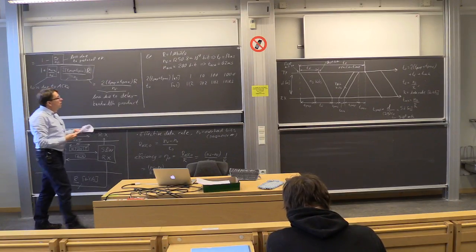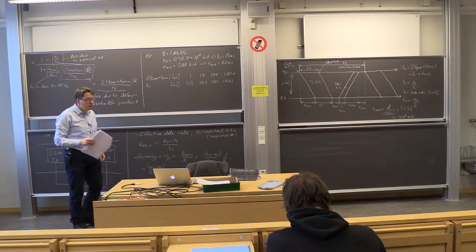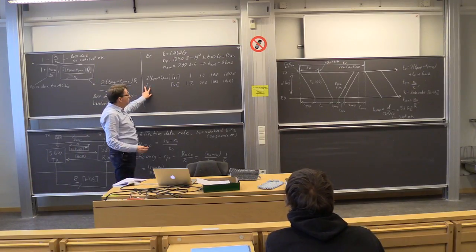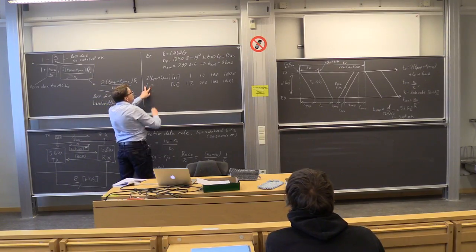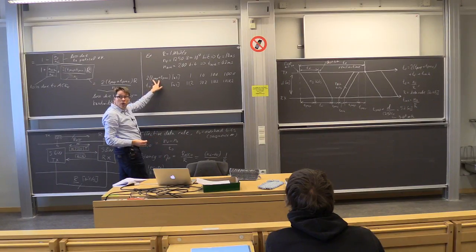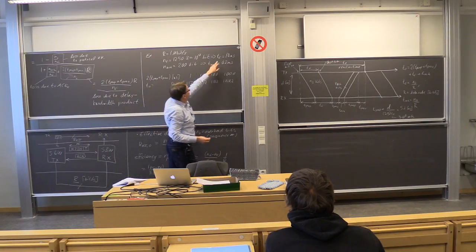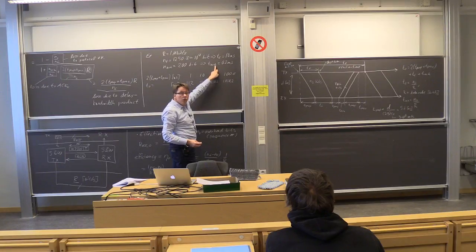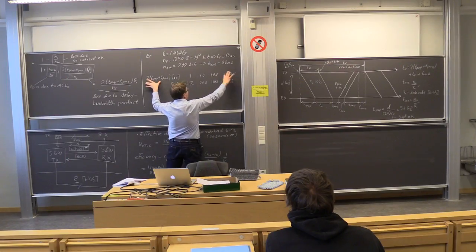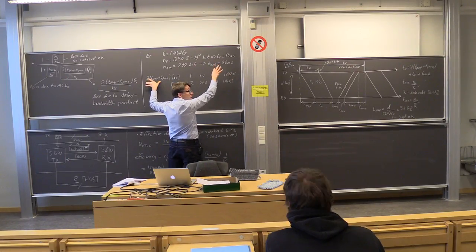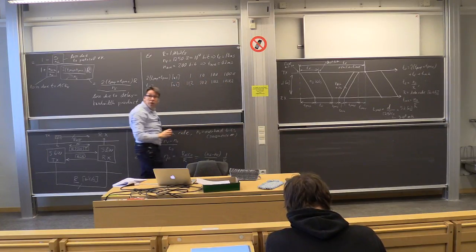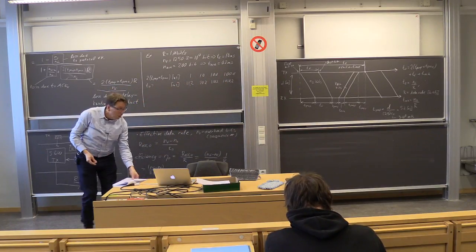So the reaction time T0 here is this number plus this number plus this number. When we vary the delay but keep the frame sizes fixed, these are the numbers we get.